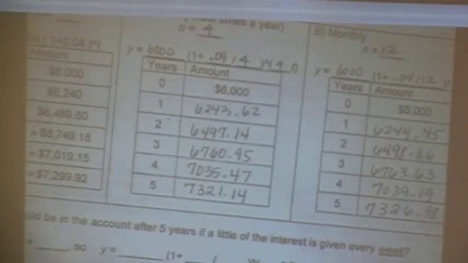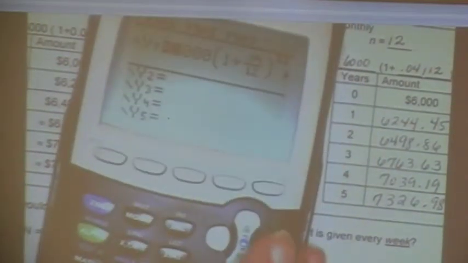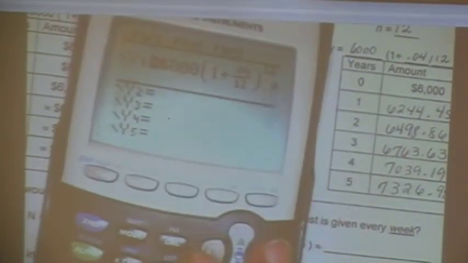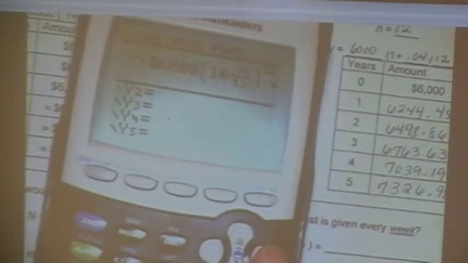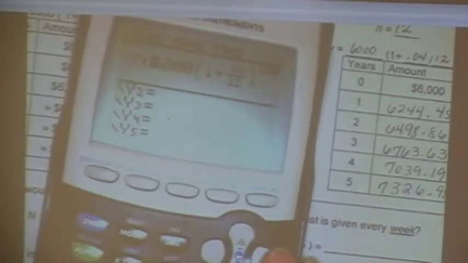How do you plug it in? 6,000 is my initial investment. 1 plus, and then I use the fraction bar, 0.04 over 12, and then raised to the 12x power.